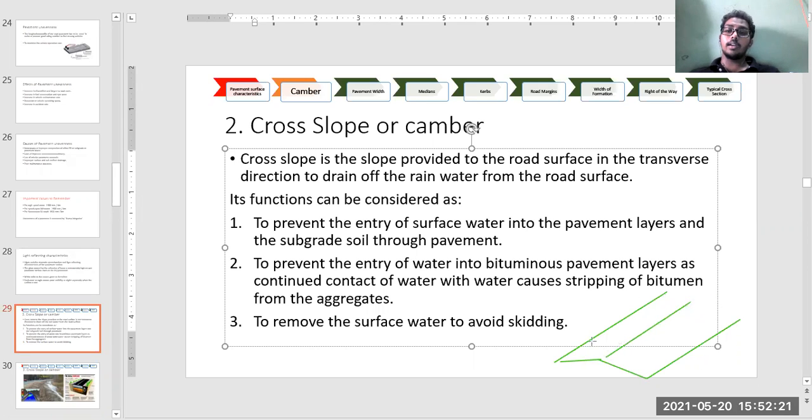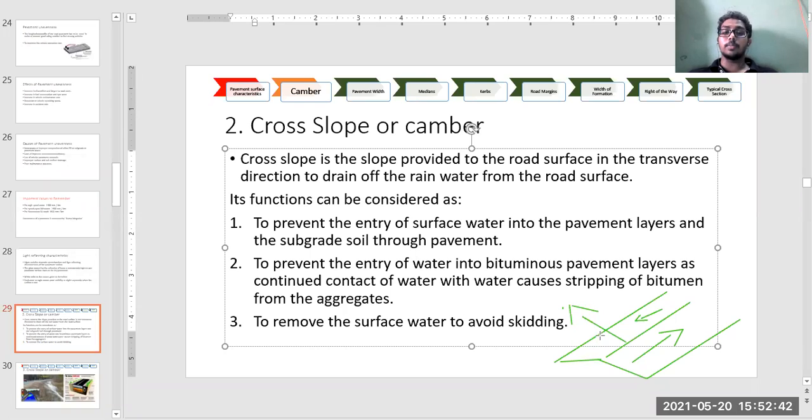Though we may not be able to see or distinguish the slanting, we usually tend to travel in this way, or vice versa, no issues. So our road will be like this. This is the cross slope.